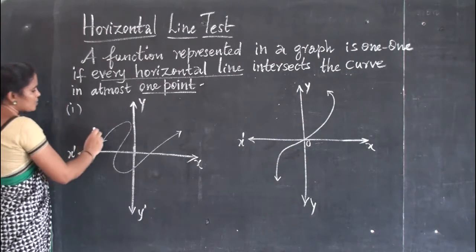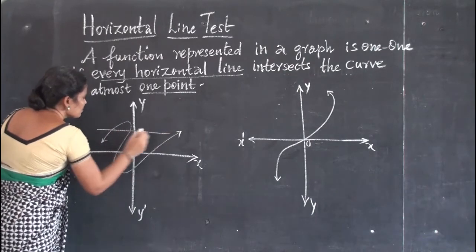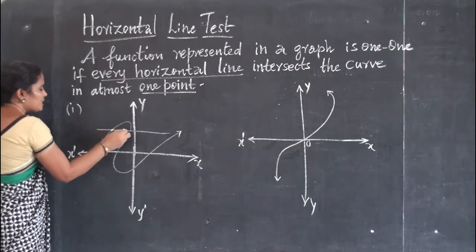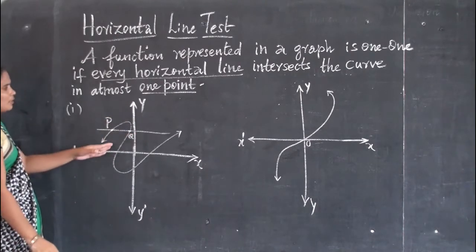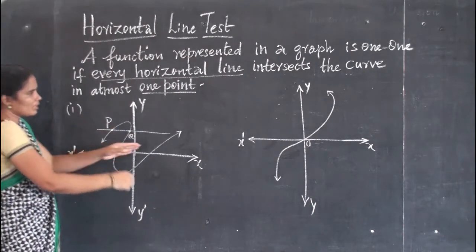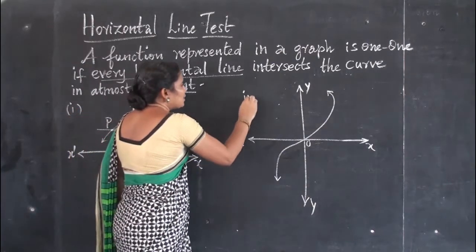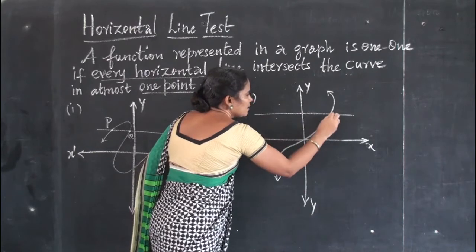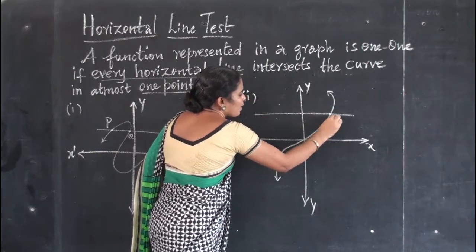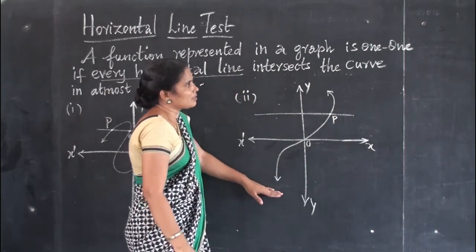If we draw a horizontal line, we can see 2 points. It will intersect at P and Q. So it is not a one-to-one function. And in example 2, if we draw a horizontal line, it intersects at one point. So it is a one-to-one function.